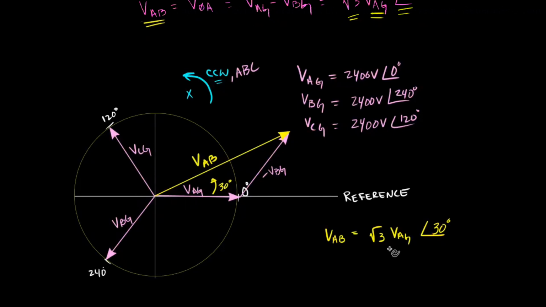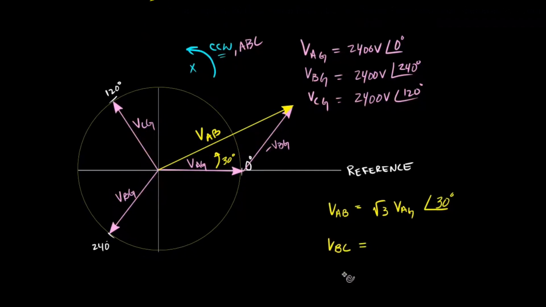I'm going to extend that same concept to evaluate VBC and VCA. That's going to look something like this. This phasor here is negative VCG, and this phasor here is VBC.